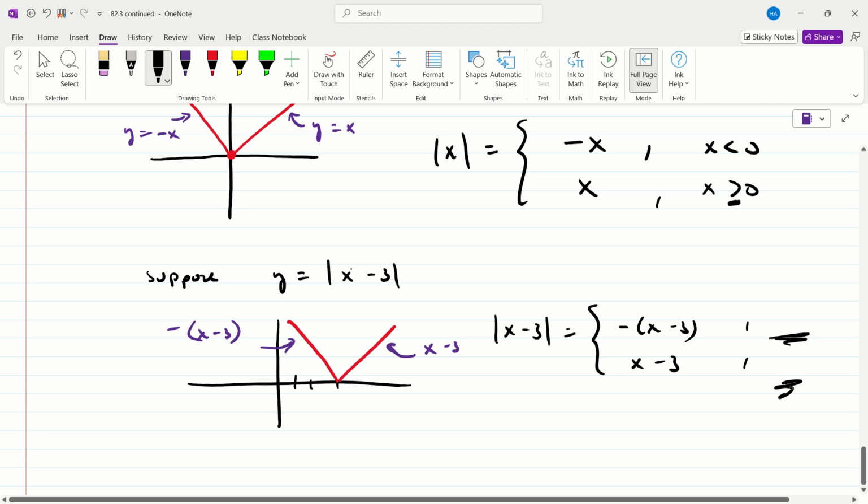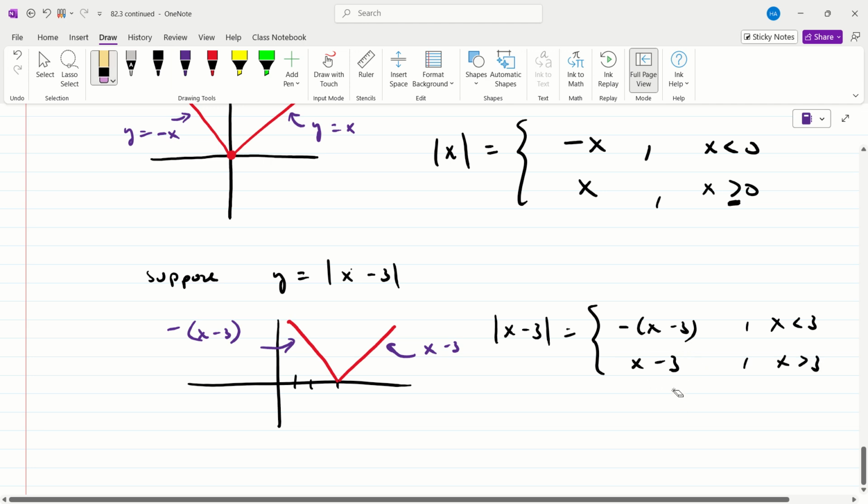What's the cutoff between the left-hand side and the right-hand side? Where do things change between this curve and that curve? They change at the value of 3. So this definition is true when x is less than 3. This definition is true when x is greater than 3.